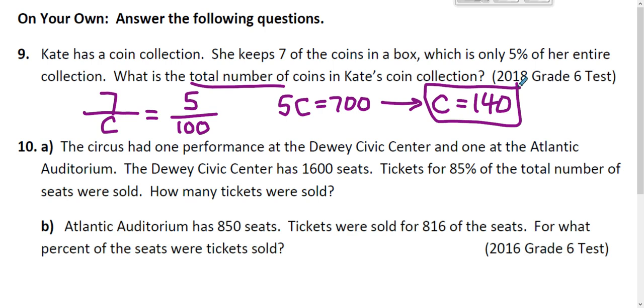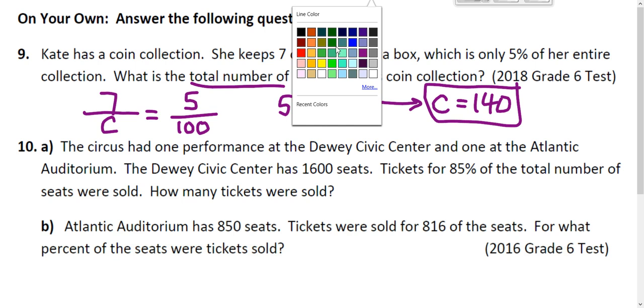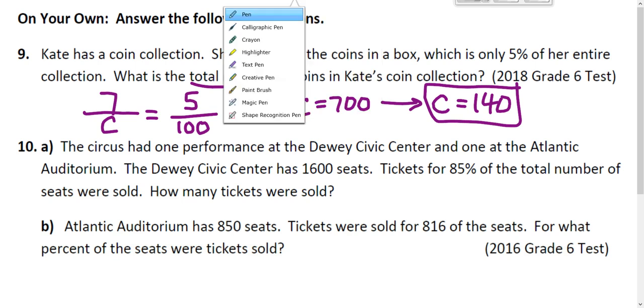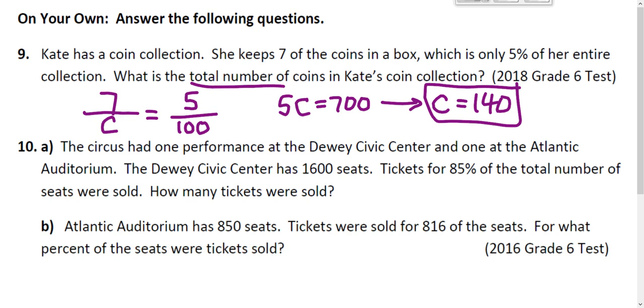And then 10A and 10B hit the other 2 kinds of questions. So there are 1,600 seats. 85% of the total were sold. So the 85%, that's a part. That's the part where we don't know how many tickets were sold. We know there are 1,600 seats.